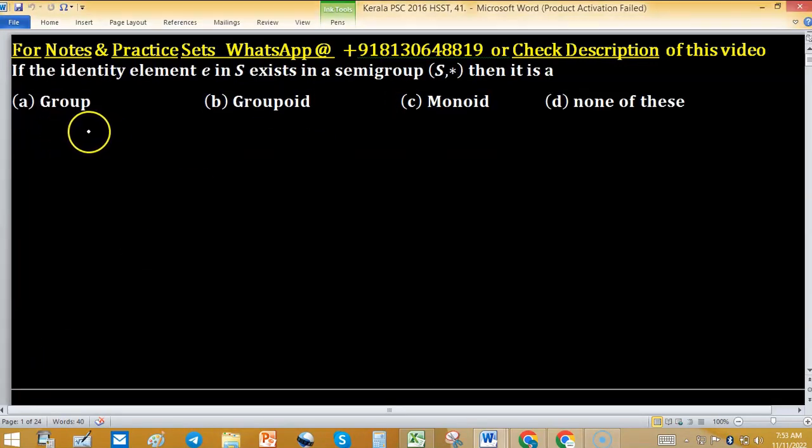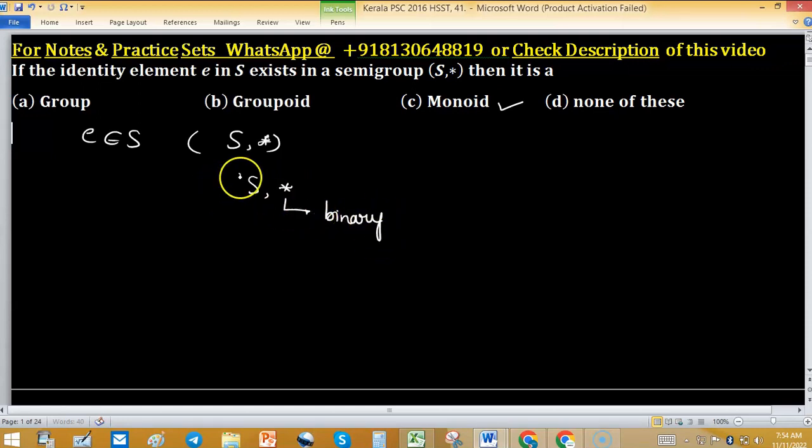If the identity element e belongs to S in a semigroup (S, *), then it is said to be a monoid. How? If S is a set and * is a binary operation, when we say binary operation, it means the closure property already holds.